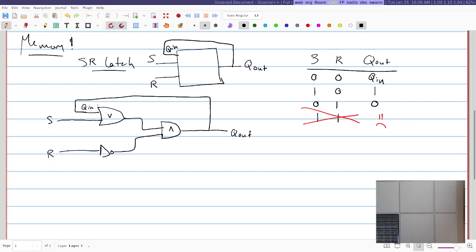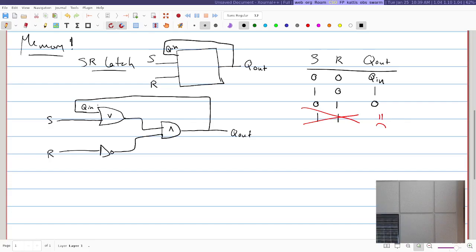What happens when I put a 1 here on S? Well, that means that for sure this OR is going to output a 1. It doesn't matter what Qn was, because anything OR 1 is 1. R is 0, so not 0 is a 1. So there's a 1 coming in here, a 1 coming in here.